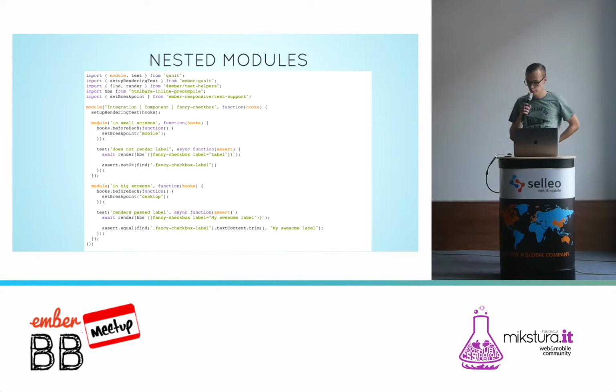And nested modules can help a lot to clean up some shared setup steps, as we can see, and also they are a great tool for grouping similar tests together, because we can have a lot of tests related to, I don't know, the label property, and very often they were in different places in one file, and it was hard for a developer to find all these tests related to the label property. But with modules we can just create a module named label and put there everything related to the label property.